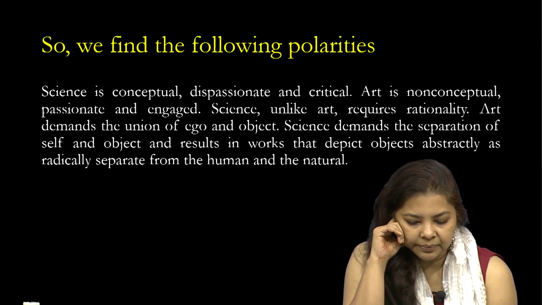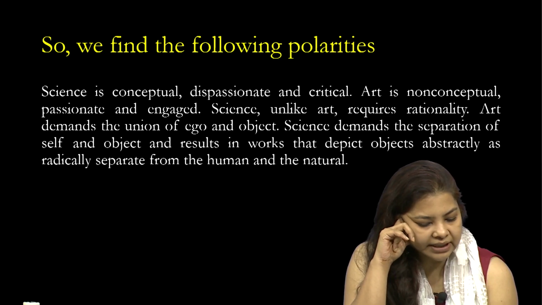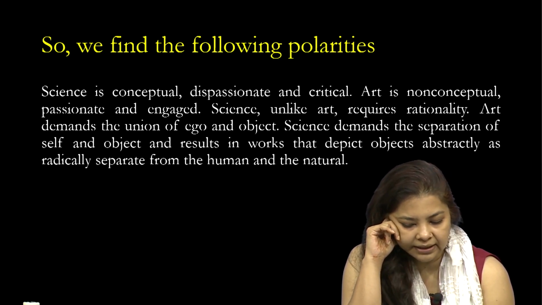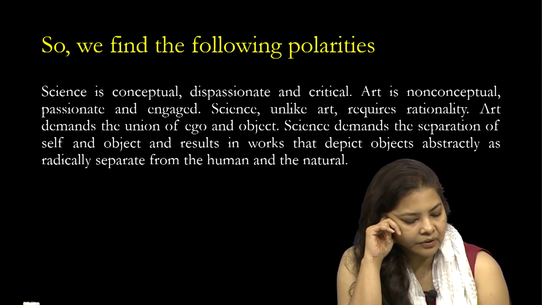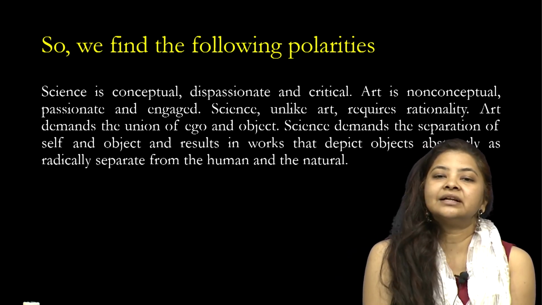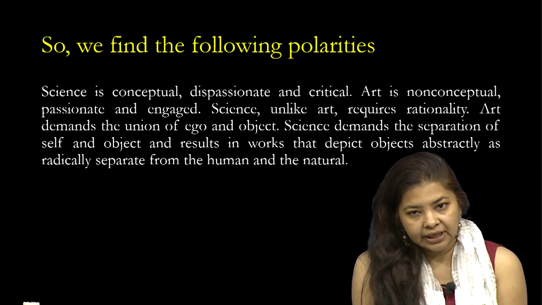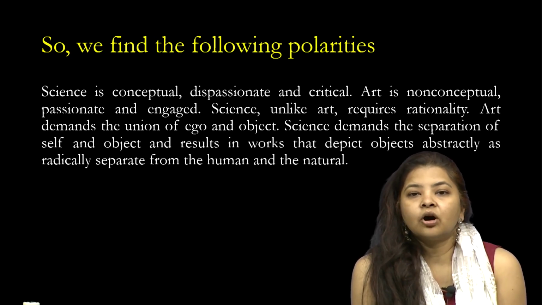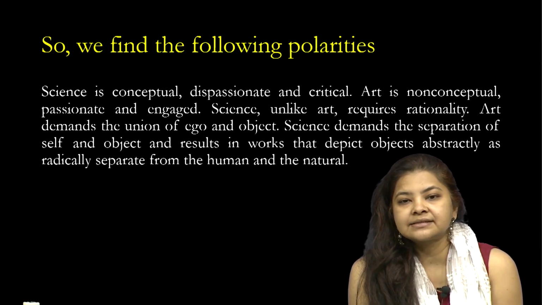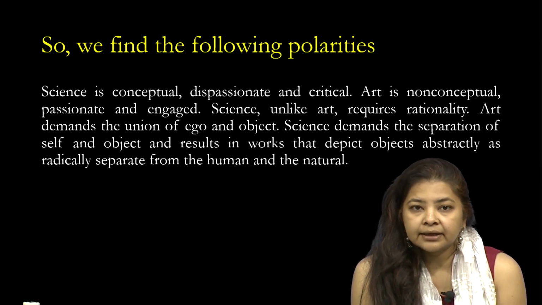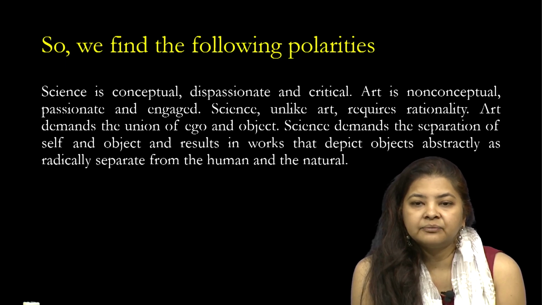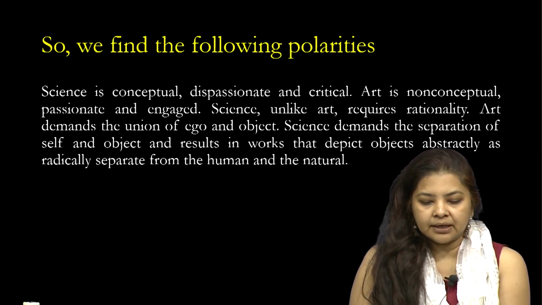Science demands the separation of self and object and results in work that depicts objects abstractly as radically separate from the human and the natural. So, science demands that you keep your emotions, feelings and opinions aside and understand your object of inquiry as it is, in a very objective, dispassionate manner.